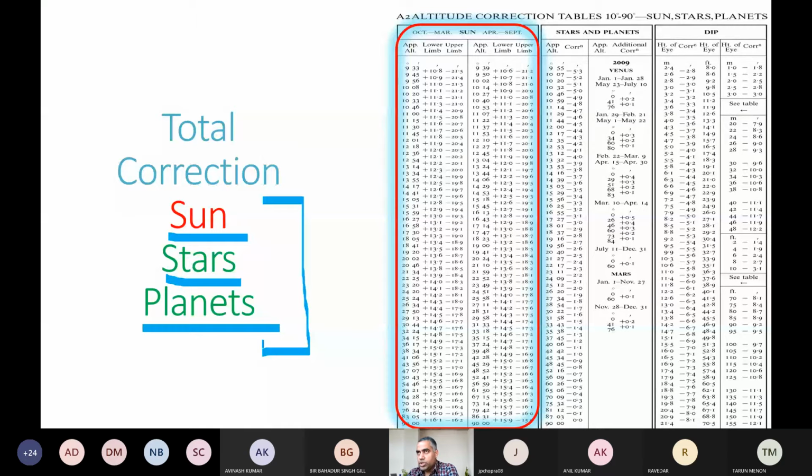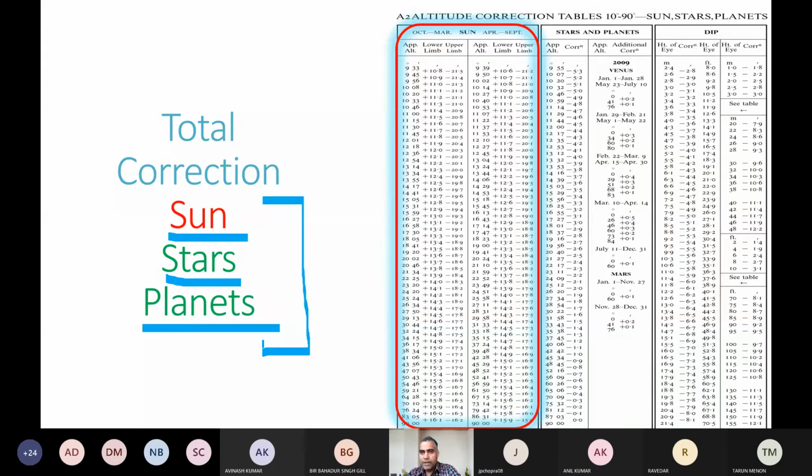So you just check in the question which limb they have used for the observation. Basis that, you pick up the correction from here. You will see all the corrections under the lower limb are positive corrections. You have to add them. And all the corrections under upper limb are negative corrections. So you have to subtract them.